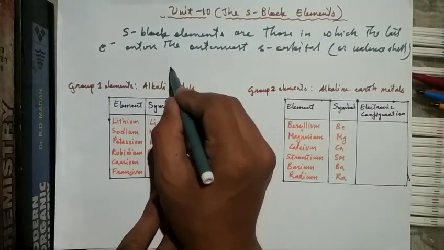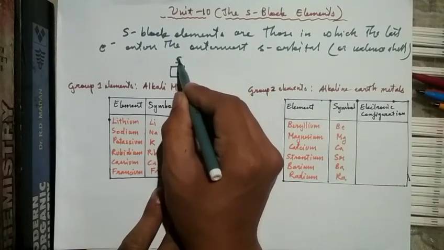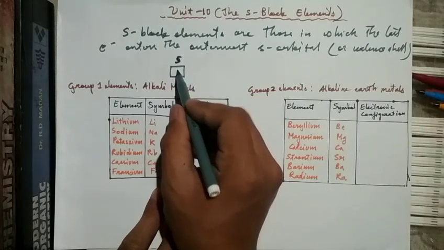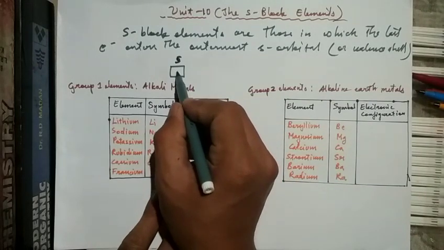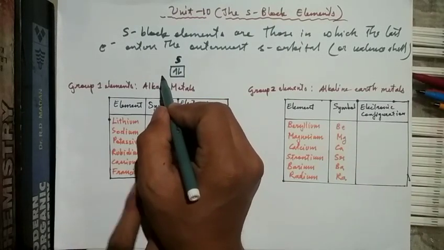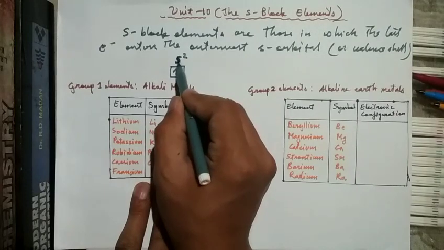So we all know the s orbital. In s orbitals, it can have up to 2 electrons, 1, 2. If there are 2 electrons, we denote it by s2.